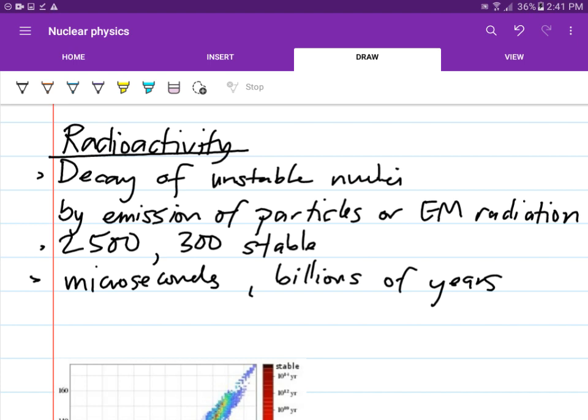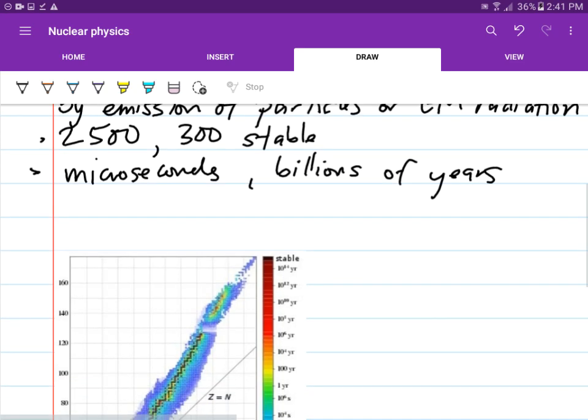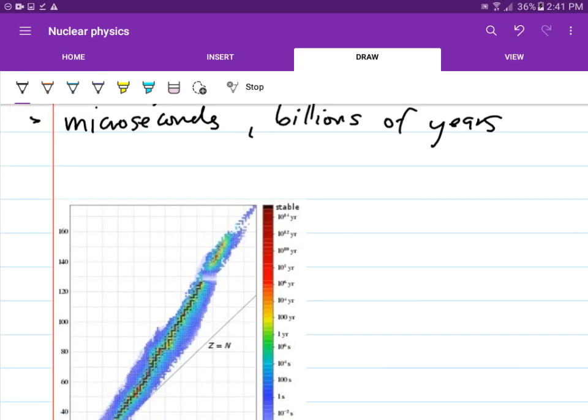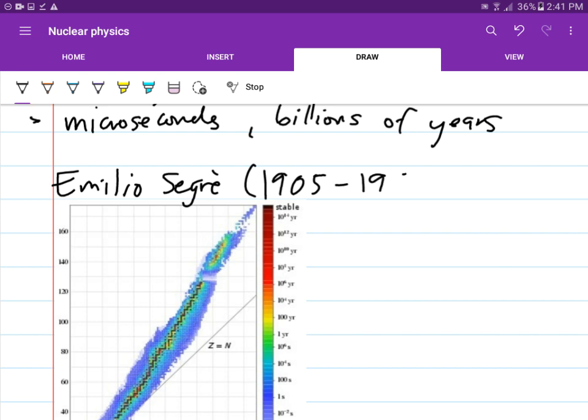In 1905, there was a physicist by the name of Emilio Segré. He lived from 1905 to 1989.